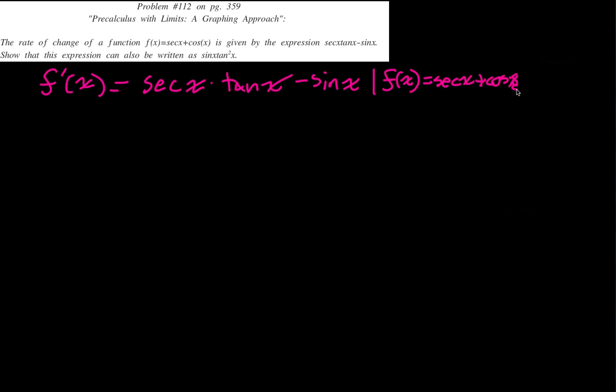They also tell us that this expression, the first expression, secant x tan x minus sine of x, the rate of change, can also be written as sine x tangent squared of x, hence they're equal.